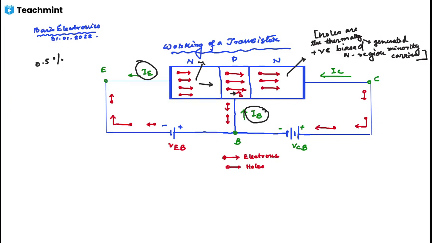This small current component is called reverse saturation current. So this is the working of a transistor.